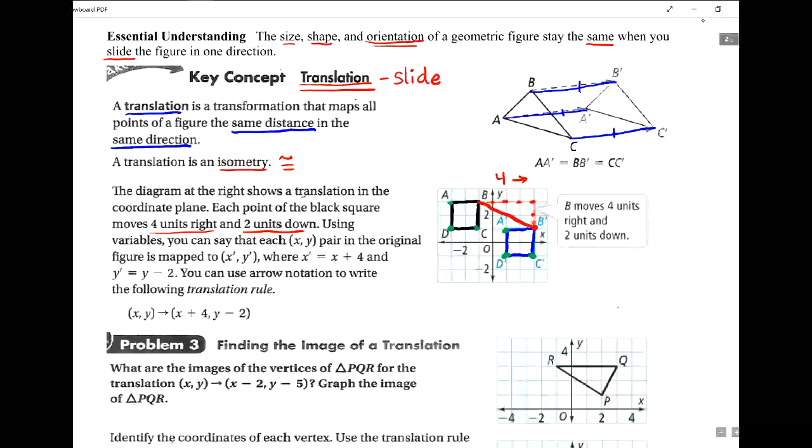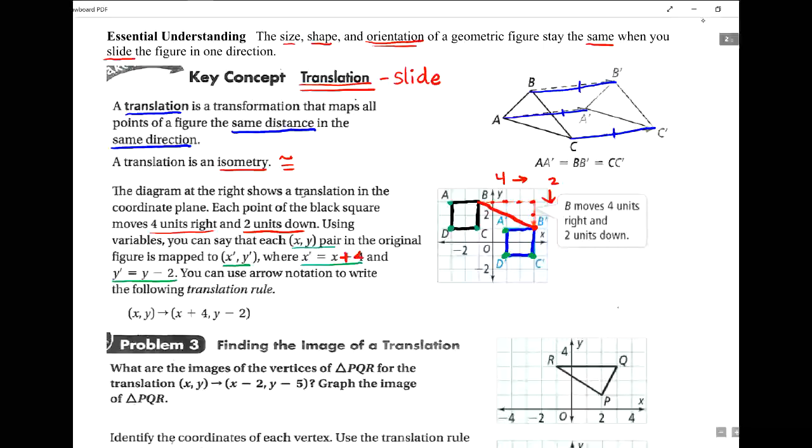So we can say that each xy pair in the original figure is mapped to x prime, y prime, where x prime is x plus 4, our original x value plus 4, and y prime is y minus 2, because we went over 4, that's 4 in the positive x direction, and then we go down 2, right?